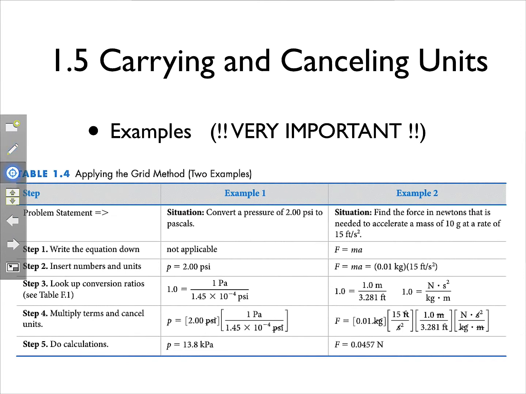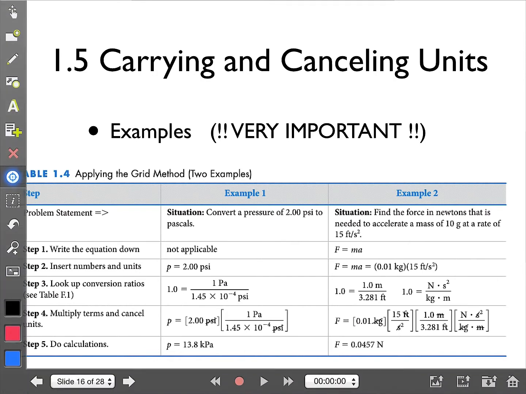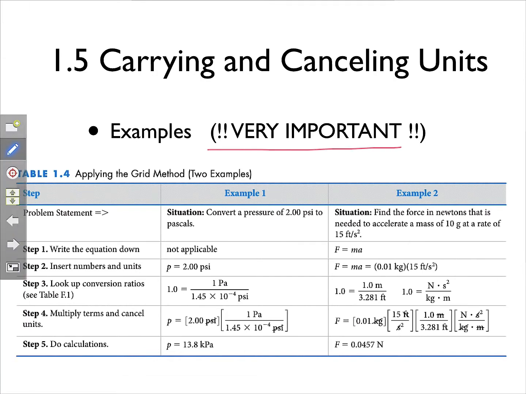You can see that I've labeled this, if I can do this, very important, because I want your homework to look like this. When you have numbers and equations to deal with, I want them to look like this. You should not skip any steps.